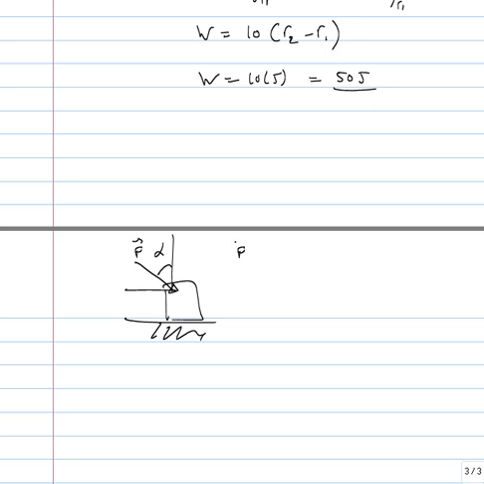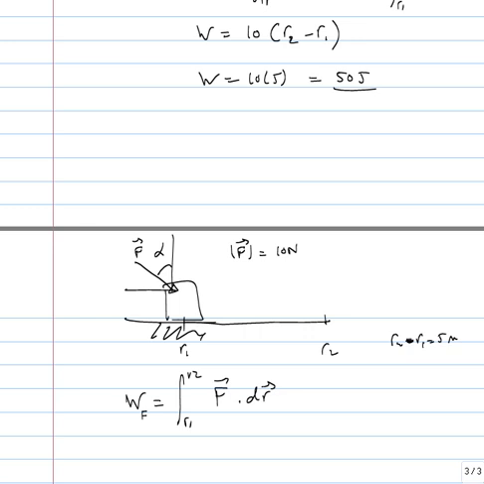Let's imagine we know our force, it's a constant 10 Newton, and this object will go from position R1 all the way up to position R2, which ends up being, say, 5 meters again. The work done will be the integral from R1 to R2. The only force present in this particular case that we will consider, or specifically the work done by the force F, will be our force F dot dr.